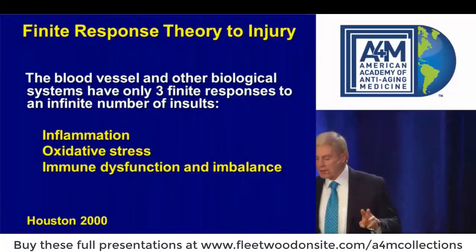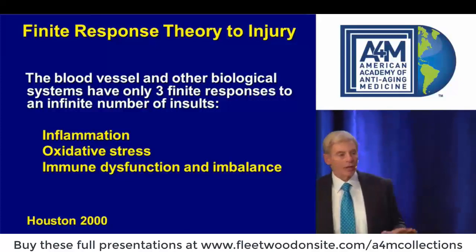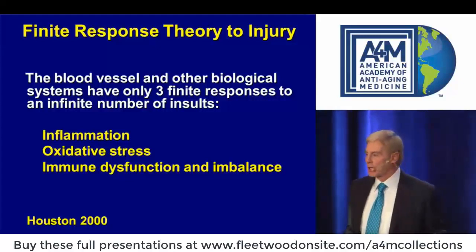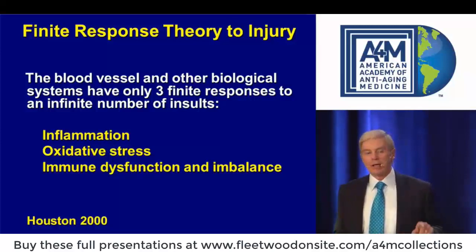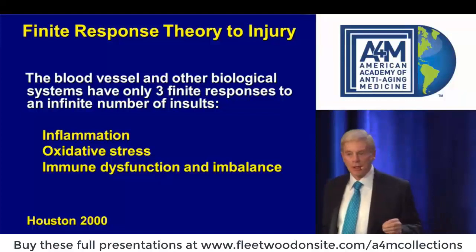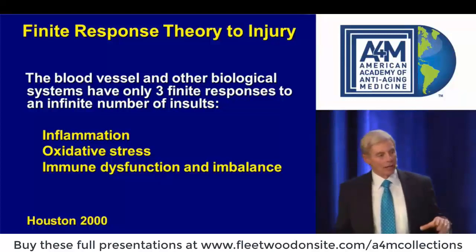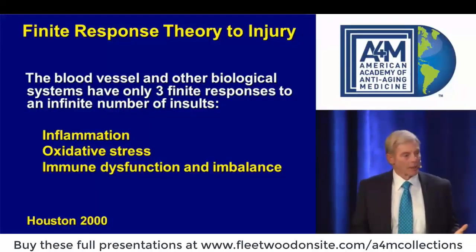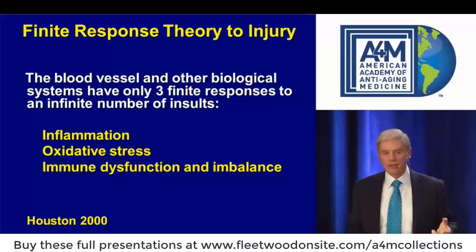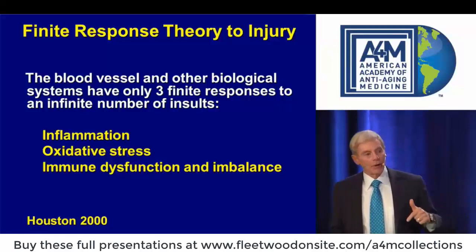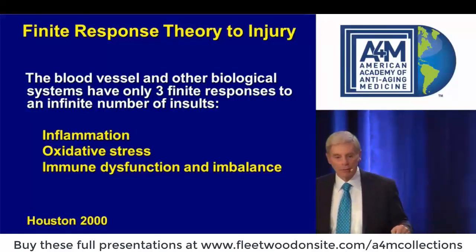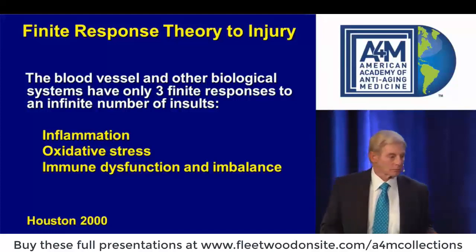These are the three things that are underlying every disease or process that occurs in the human body. And if you understand inflammation, oxidative stress, and immune dysfunction, we're going to learn to backtrack and turn the system upside down. Look at these finite responses, which are coming from infinite numbers of insults, resulting in a process that we name a disease so we can get paid for it with an ICD-9 code.